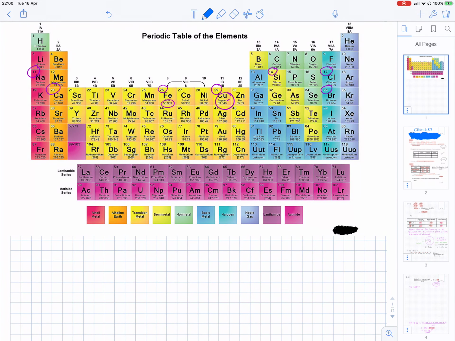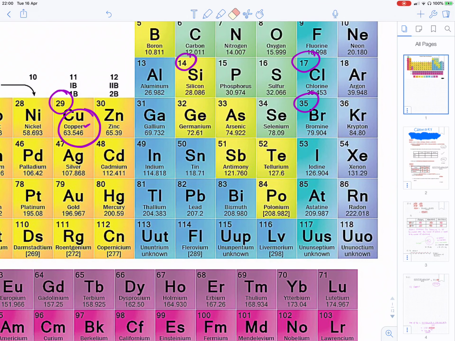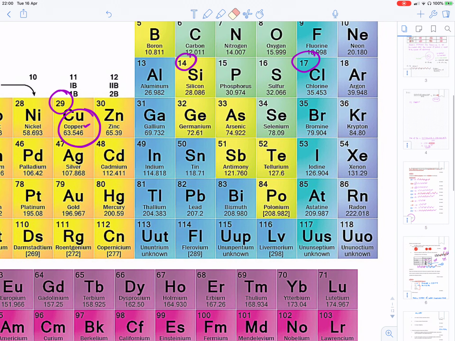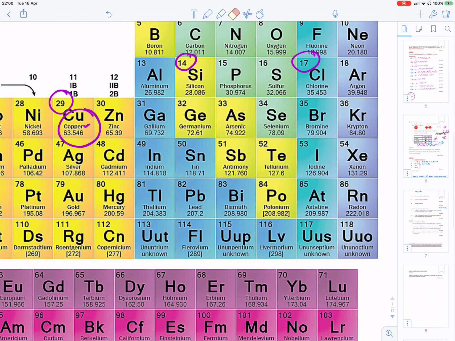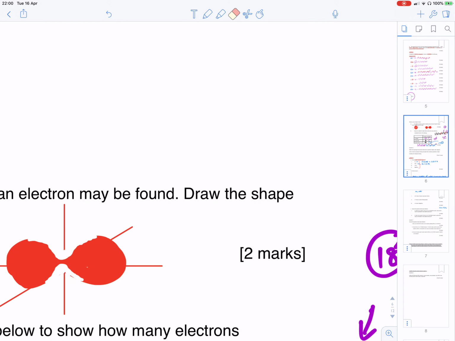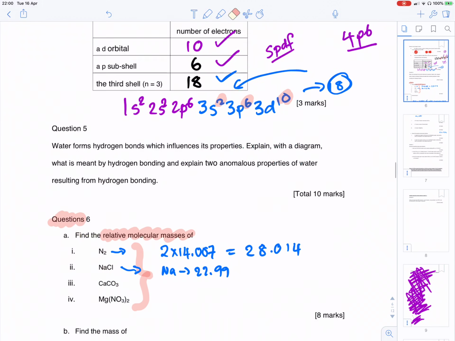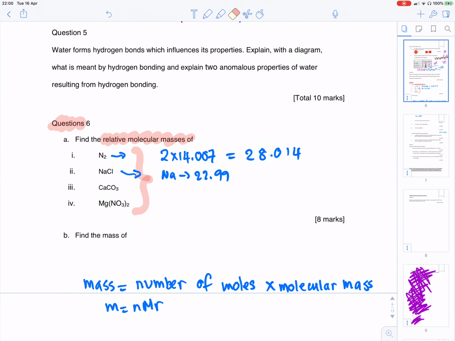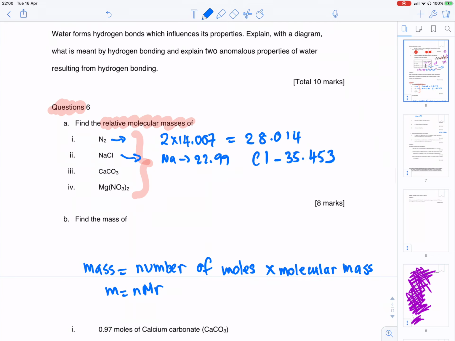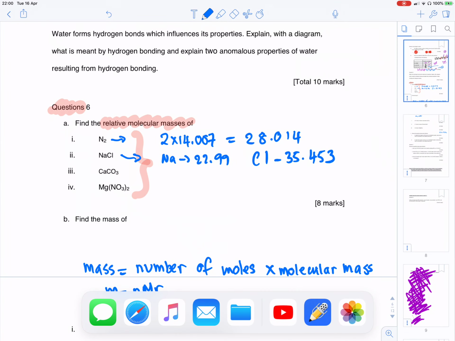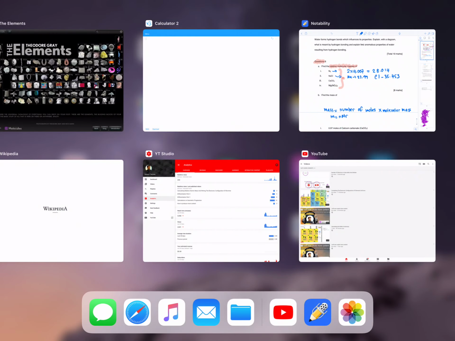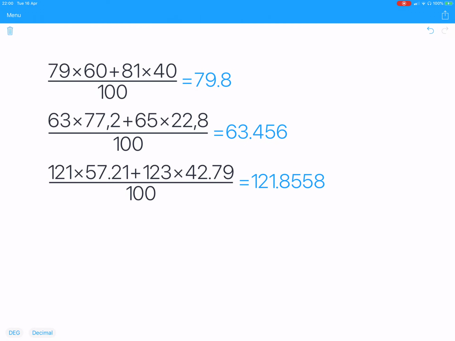Chlorine is just here, and chlorine is 35.453. Okay, so to avoid wasting a lot of time, let me just go to the calculator.